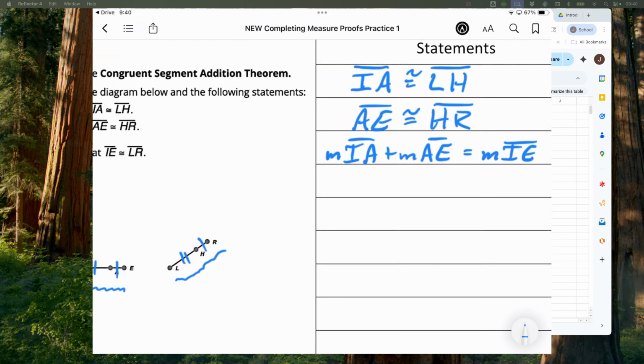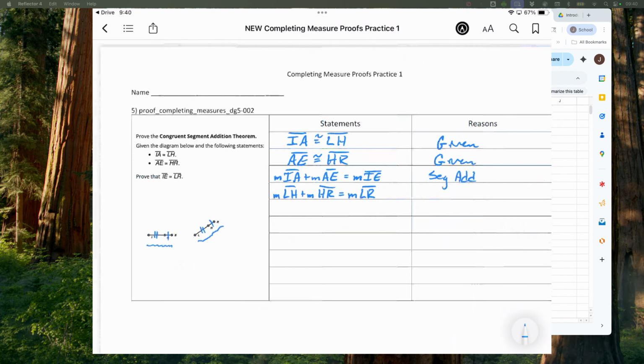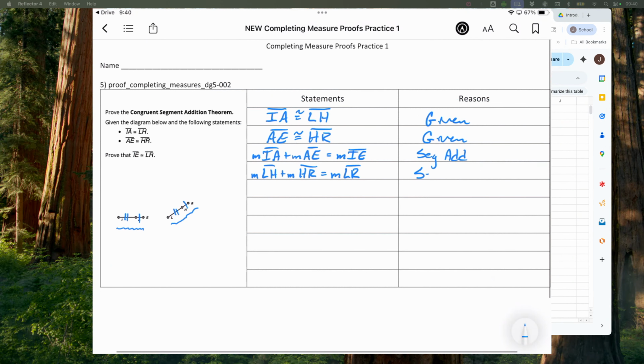For the one on the right, we can do the same thing. The measure of LH plus the measure of HR is equal to the measure of LR. That's also segment addition.